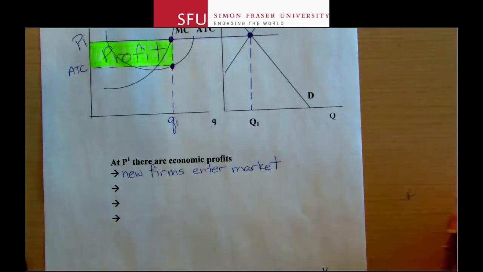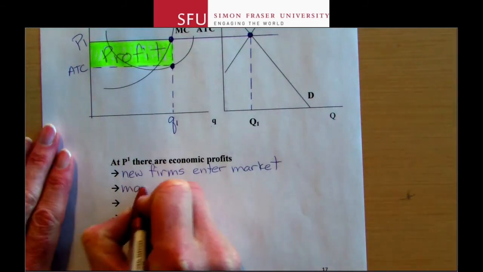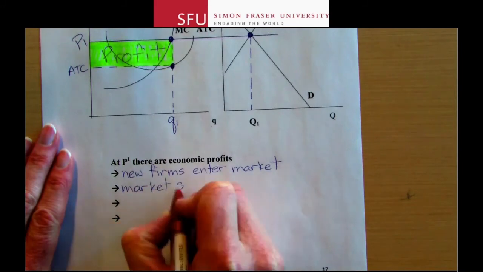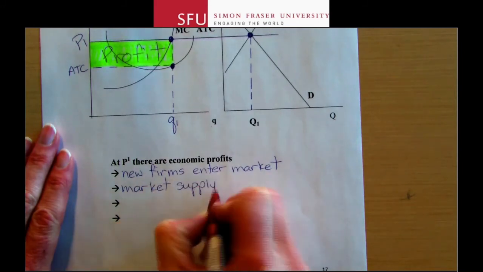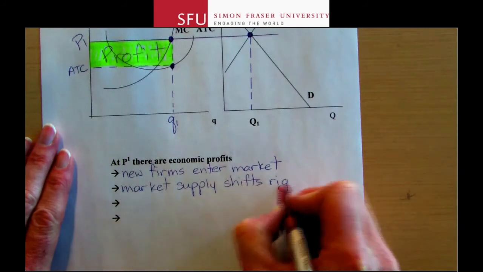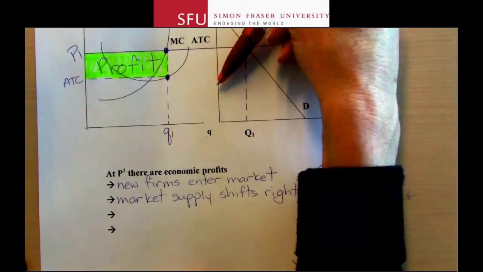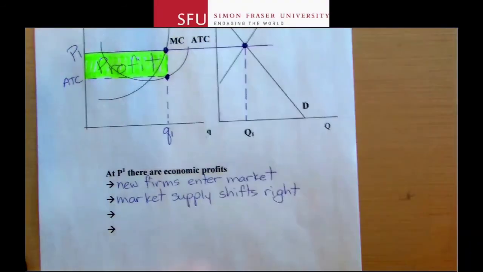And that means that the market supply will shift right. And then when this supply curve shifts to the right, that's going to push the price down.